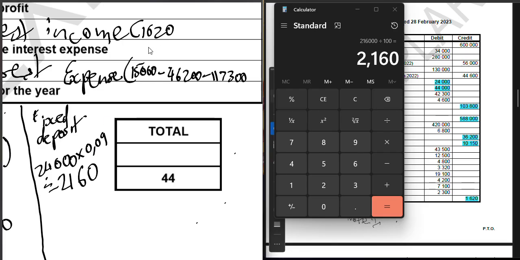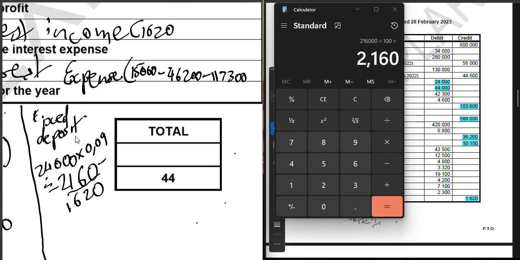Here we've got 1,620, right? So this is the total that we need to write. So what is the outstanding on the fixed deposit? We'll say this minus what you already have received for fixed deposit.